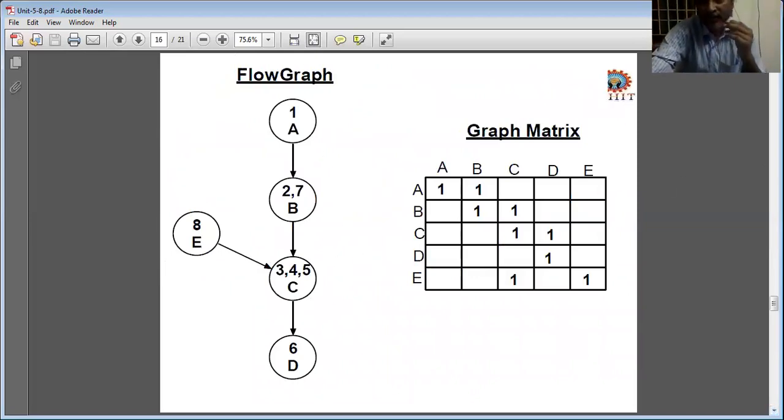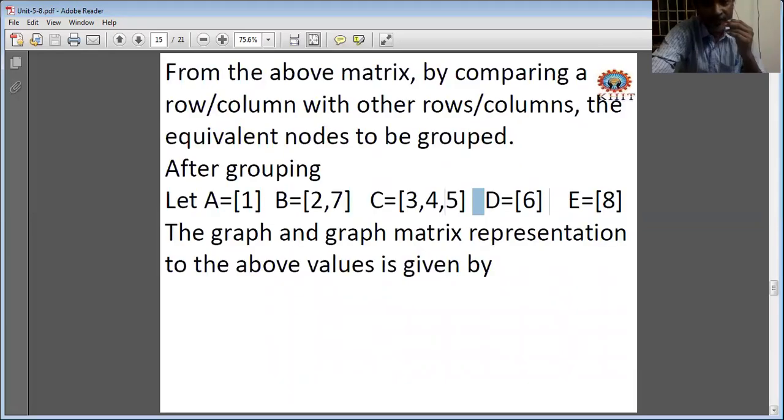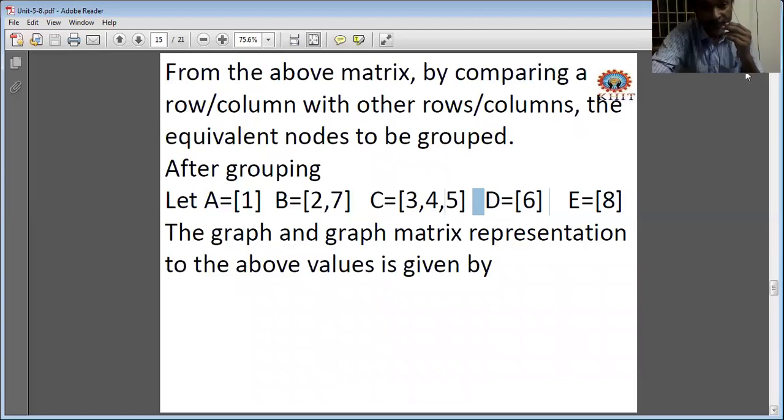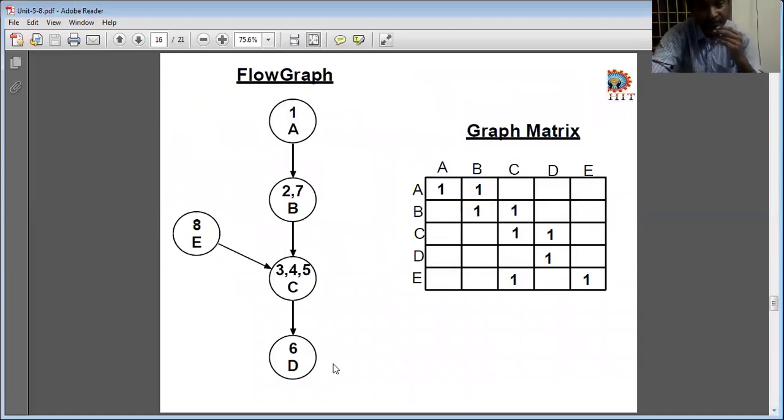Okay, so 1 is nothing but A, then B is 2 7, then C is 3 4 5, D is 6, E is 8. So D6 E8 you can view like this. From this you can write the graph matrix.